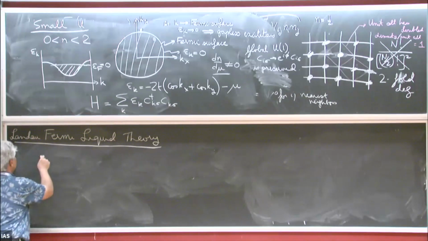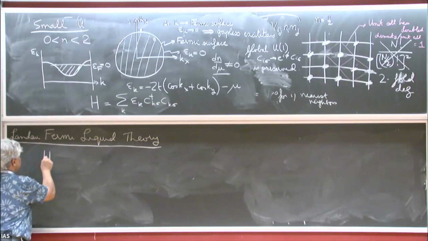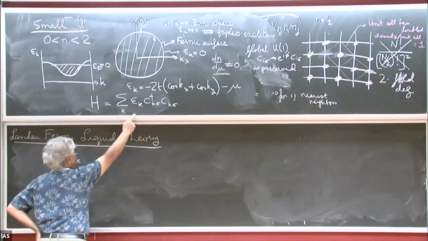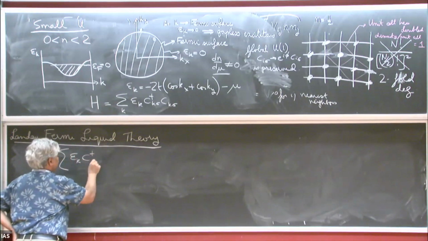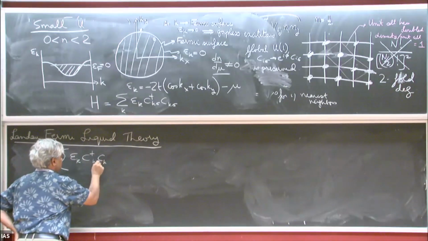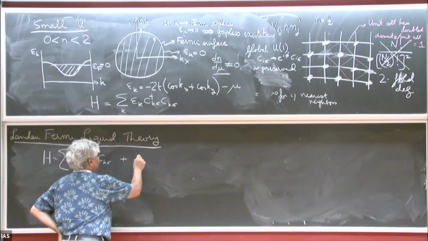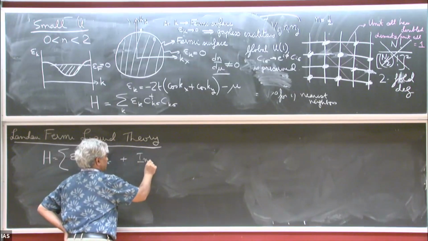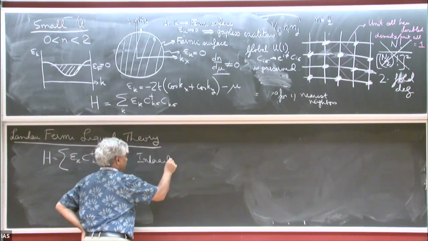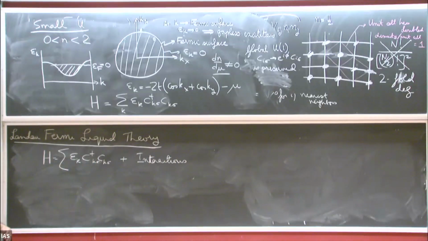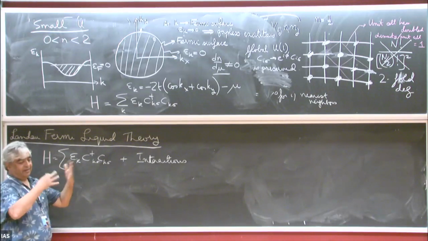Okay, so our Hamiltonian will be the Hamiltonian I just wrote down over here, c dagger k sigma. And the whole framework is very general, so we just say there's some interactions. And we're going to assume you're not in one space dimension, but in any higher dimension.